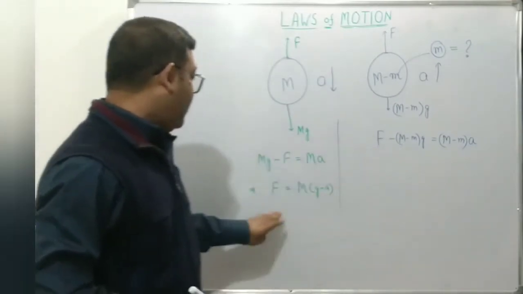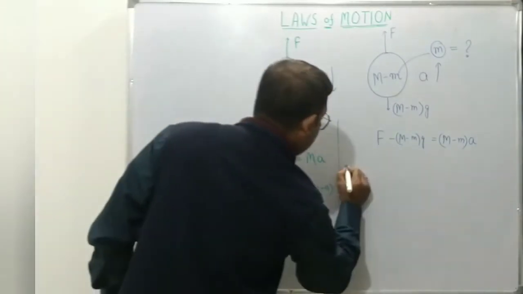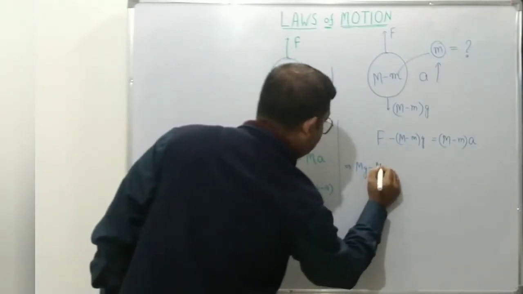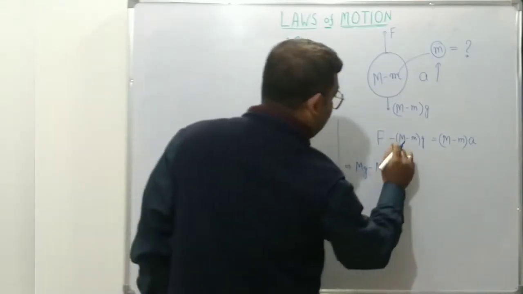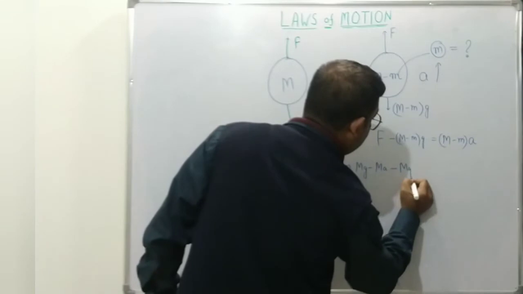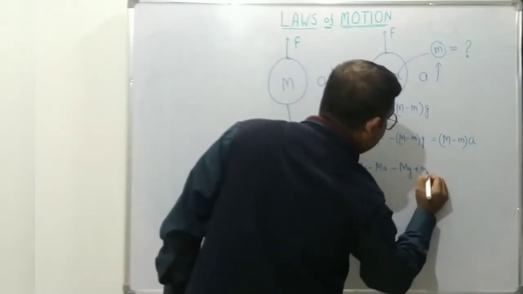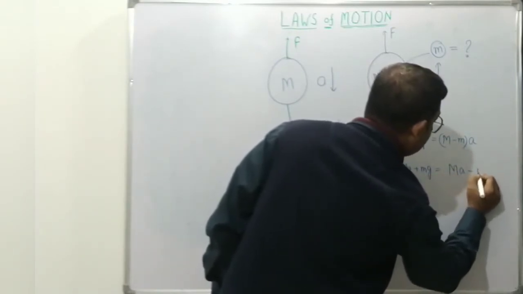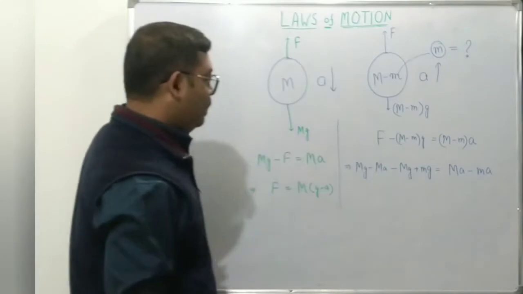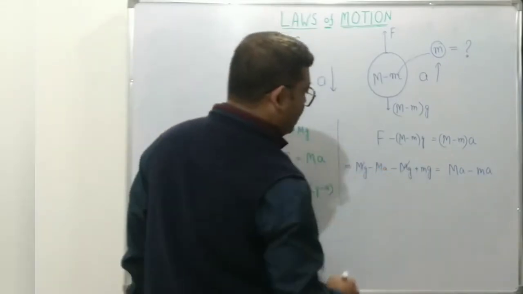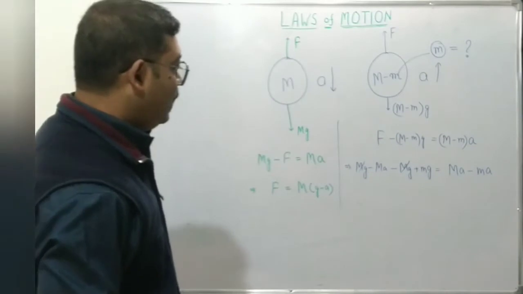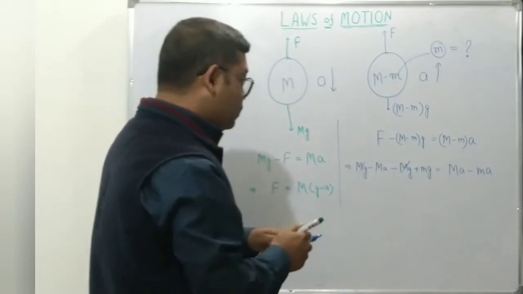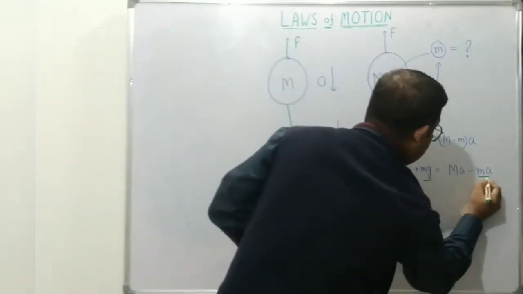If we substitute the value of F from this equation, we get F is Mg minus Ma. Then, minus Mg plus small m into g must be equal to capital M into a minus small m into a. Clearly, these two Mg terms will cancel, right? And we have to find small m. So, what we will do, we will take these two terms to the left hand side of the equation.